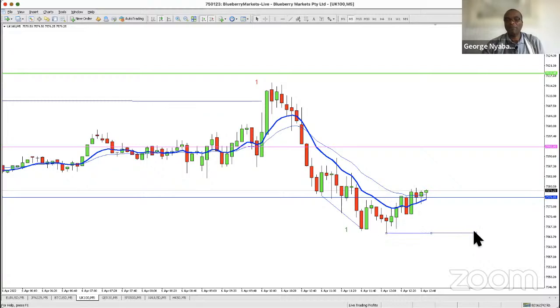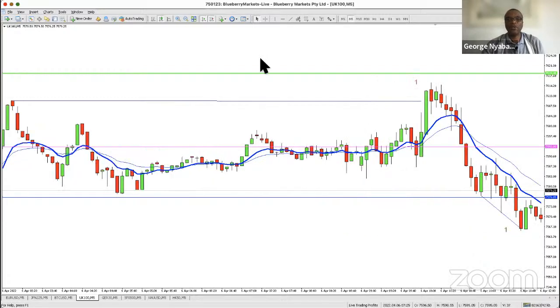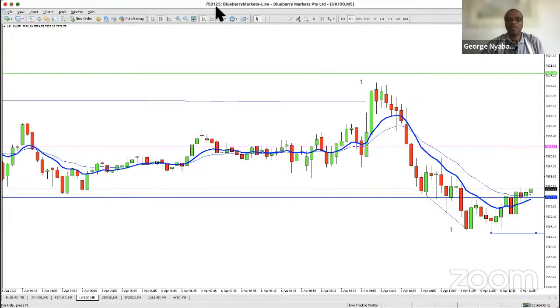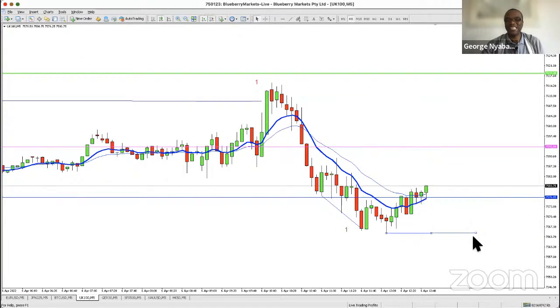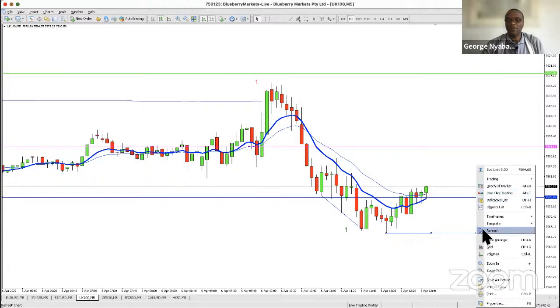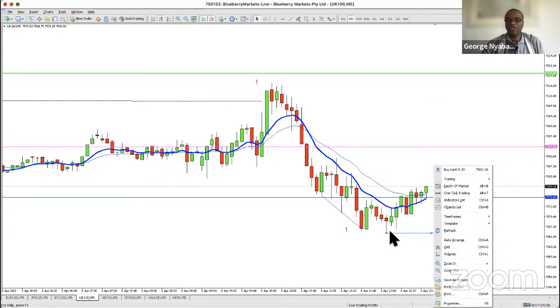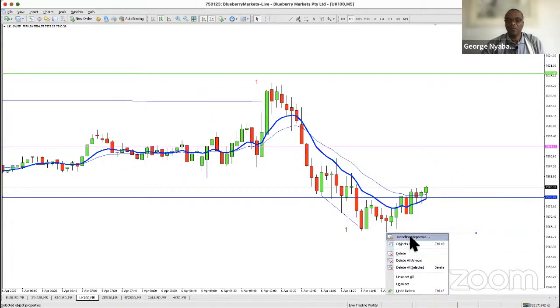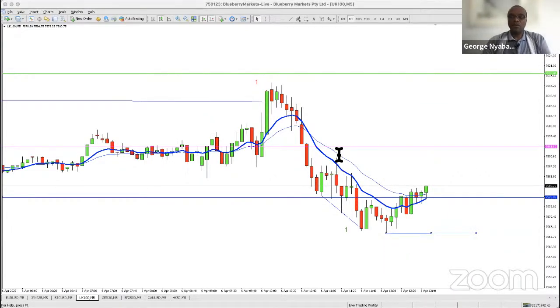Now, bear in mind, if what we are getting is trading range price action for the day, then we have to know that we're in a trading range, market will go up and the market will come down. So won't surprise us if it bounces off here, we get an entry and we trade it all the way to that trading range. All of this could happen before the US session.